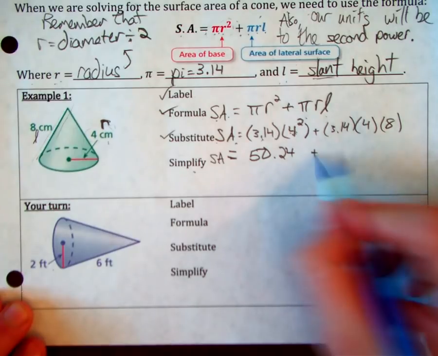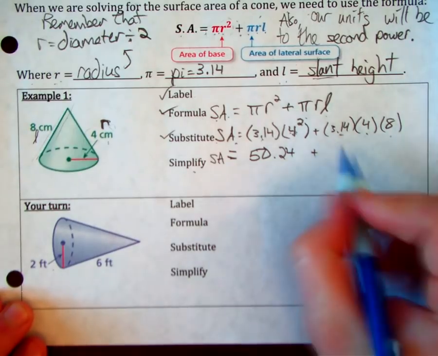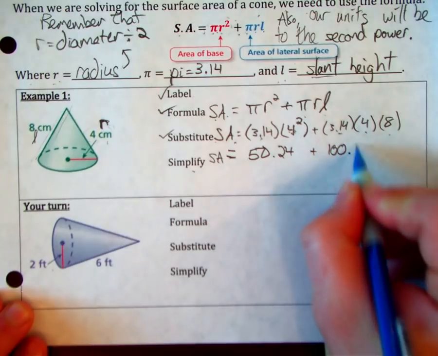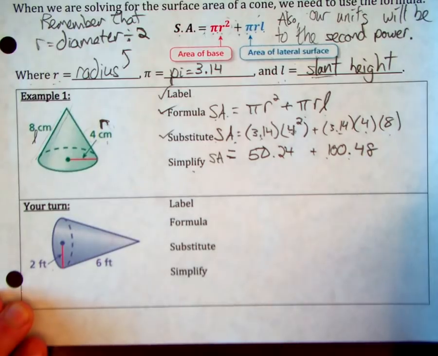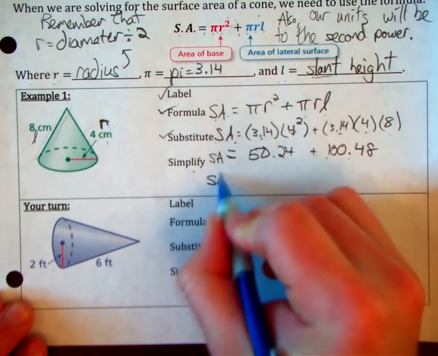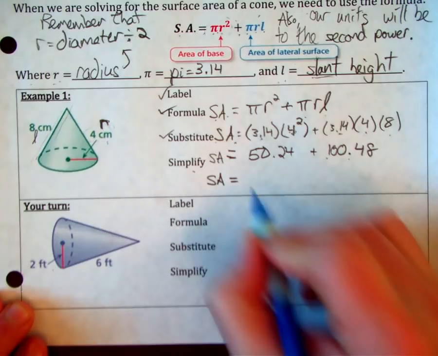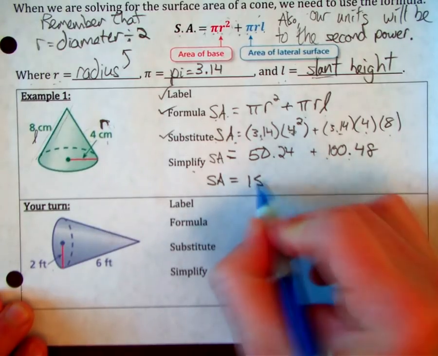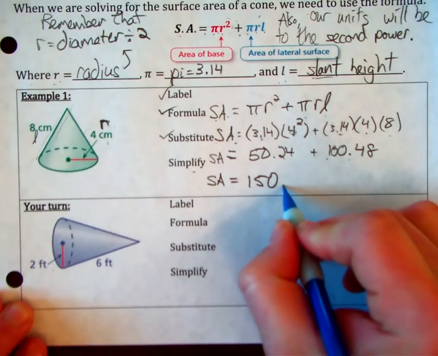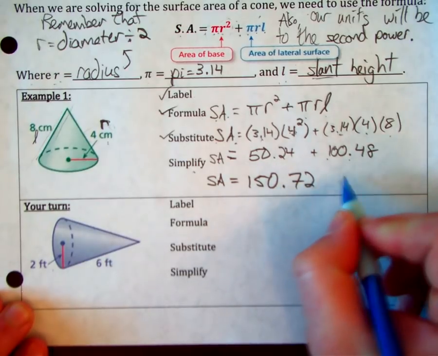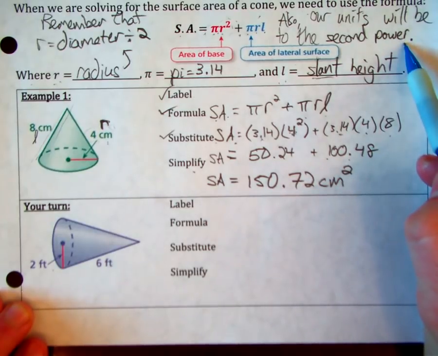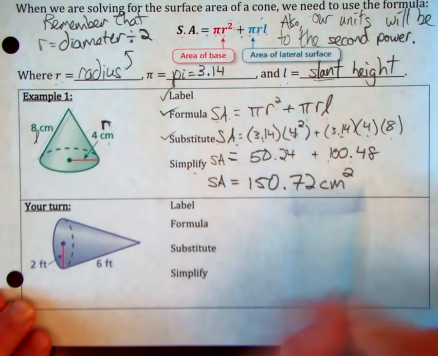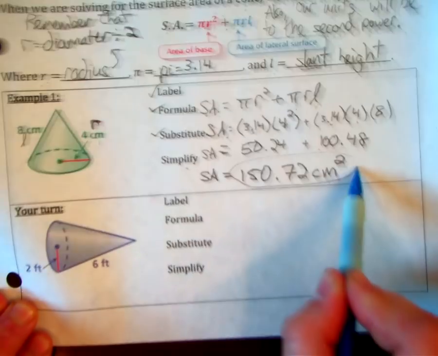Then we have plus, just multiply those 3 numbers together, and you should end up with 100.48. Lastly, add those 2 together to get your total surface area as 150.72 centimeters squared, because remember, we're working with our units to the second power, and so we know we are good.